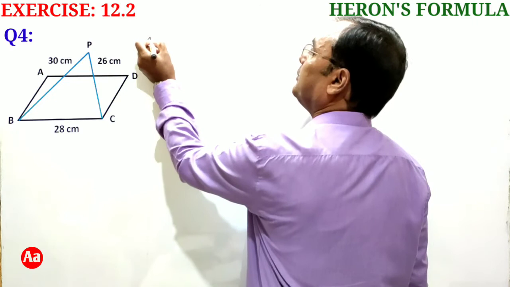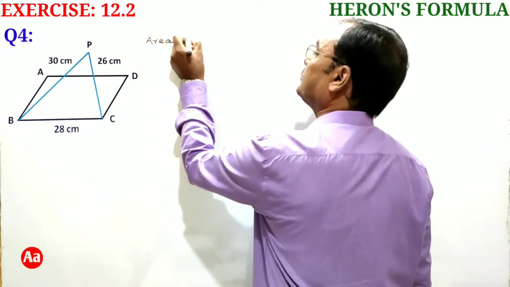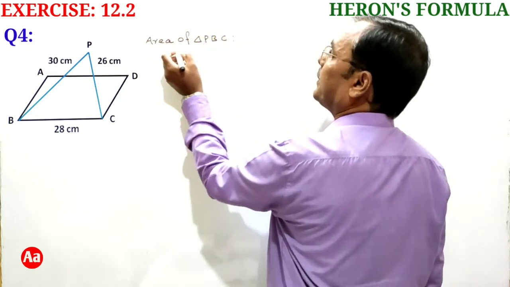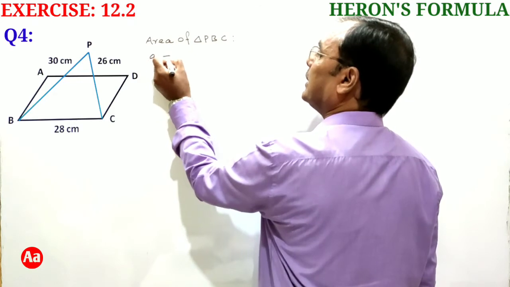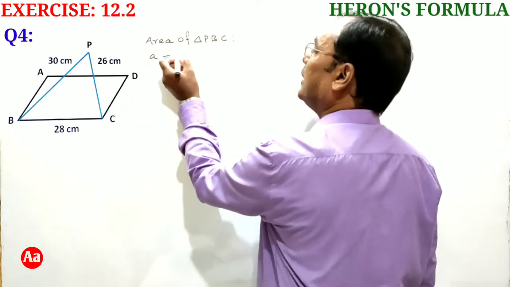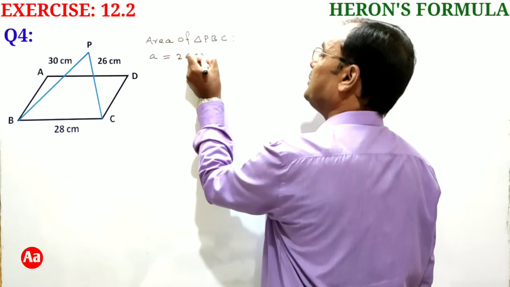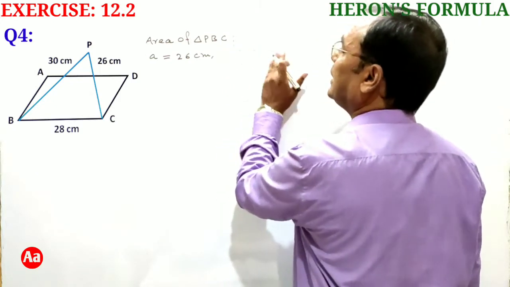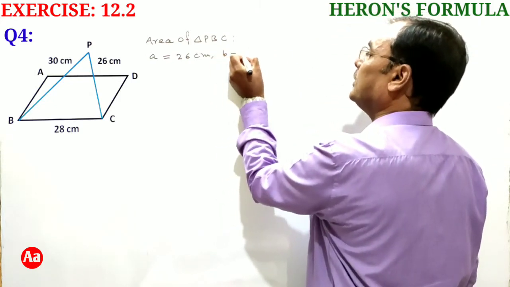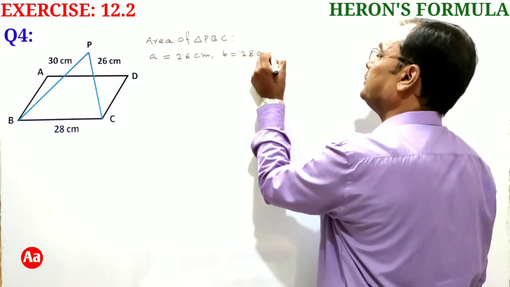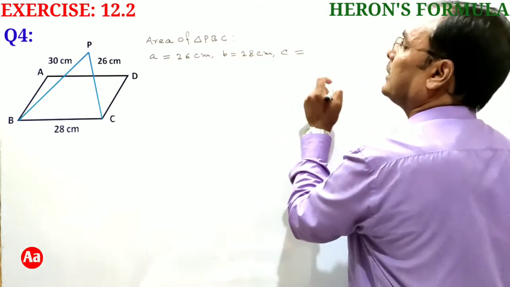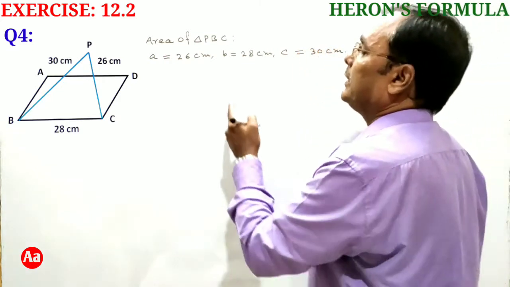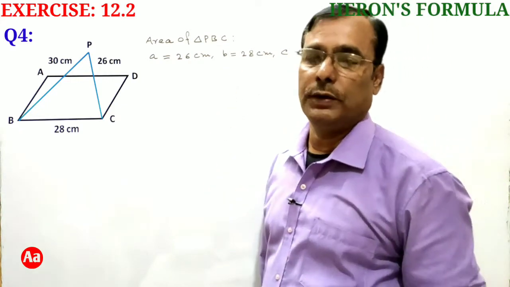So for area of triangle PBC, sides of the triangle PBC are a equal to 26 centimeter, second side b is equal to 28 centimeter, and third side c equal to 30 centimeter. Let us first calculate the semi-perimeter in order to apply Heron's formula.